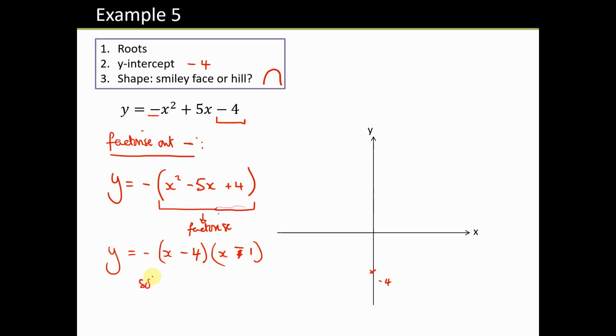So then my solutions, or roots, call them anything, is going to be x equals 4 and x equals 1. So x equals 1, x equals 4.